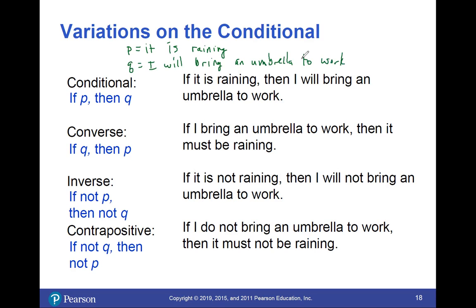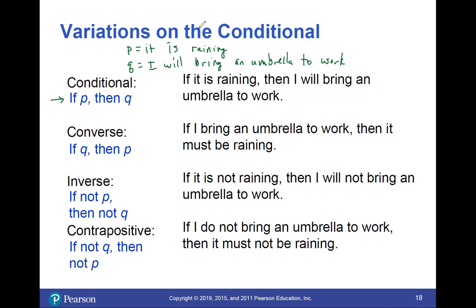So we can form, first of all, the conditional statement if P then Q. If it is raining, then I will bring an umbrella to work. Whenever you have a conditional, you can form three other conditional type statements from your original.